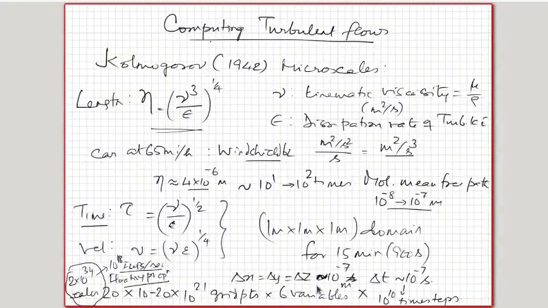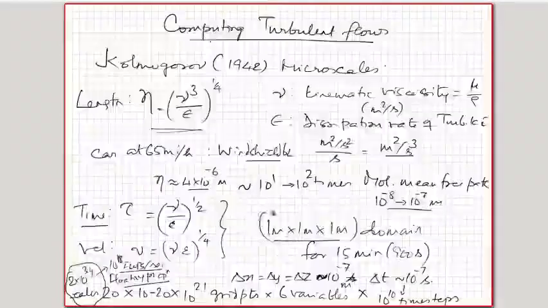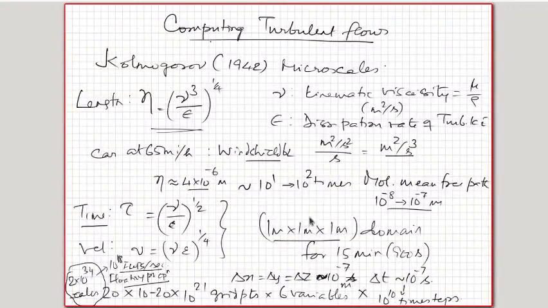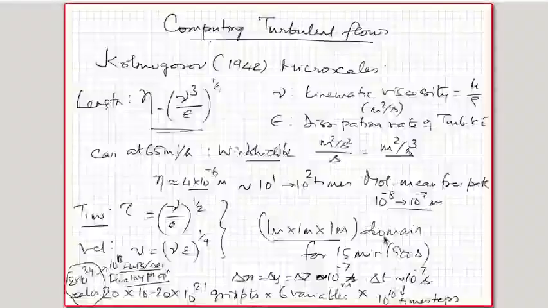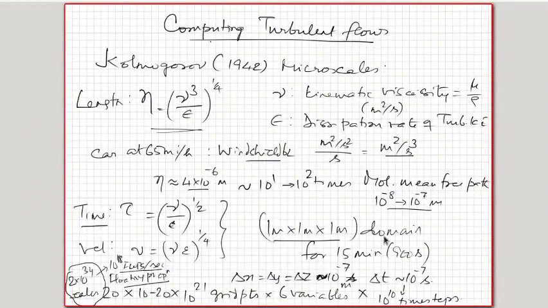And I'm still talking about 1 cubic meter and not the flow around an aircraft, which can be like 50 meter by 50 meter by 100 meter, right? Because the wingspan of an aircraft is typically about 35 meters. So even if I extend the domain to twice that size, it will be like 75 meters sidewise.